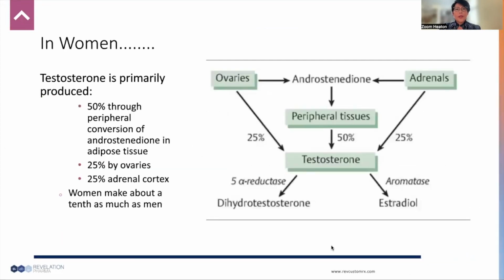In women, testosterone is primarily produced 50% through the peripheral conversion of androstenedione in adipose tissue. The other 25% is made in the ovaries, and the final 25% is made by the adrenal glands. And women only make about 1/10 as much as men.